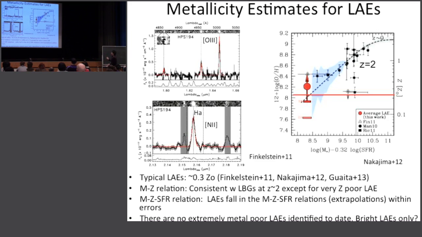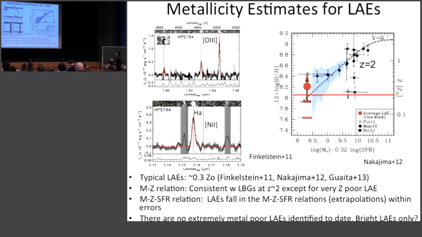Of course, the numbers are limited, but the typical Lyman-alpha emitters are estimated to have 0.3 solar metallicity. And if you plot the Lyman-alpha emitters on the mass metallicity relation, then this goes below the local relation, or it is consistent with the Lyman break galaxy result.